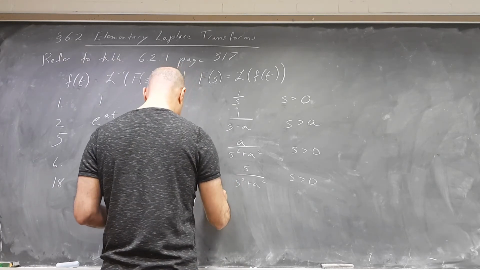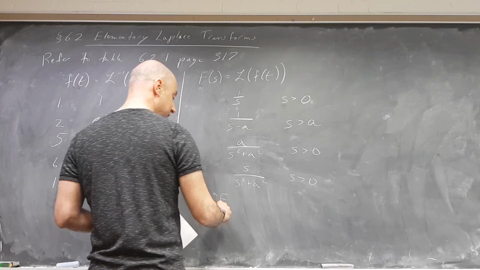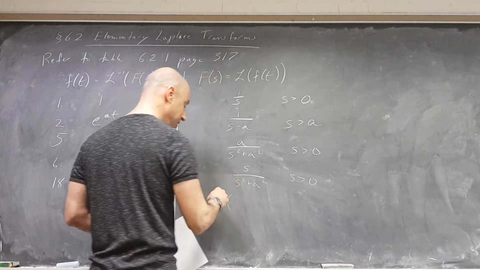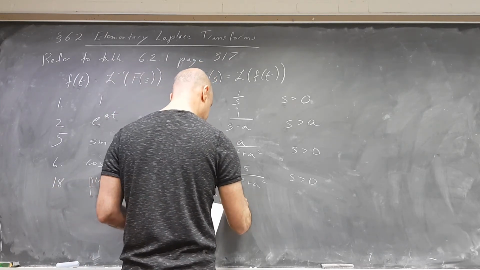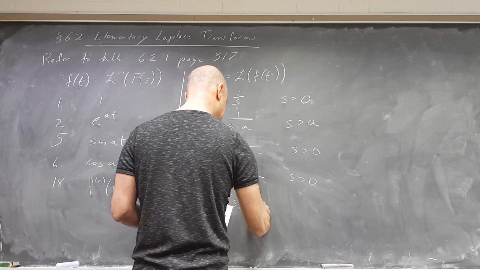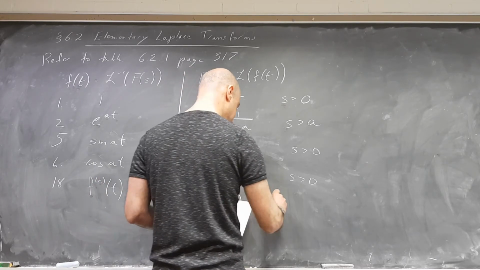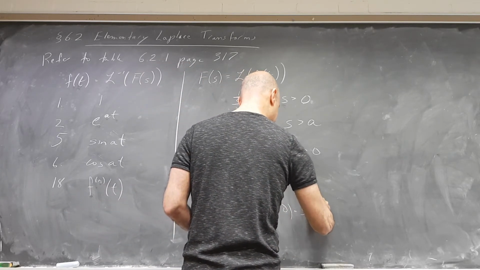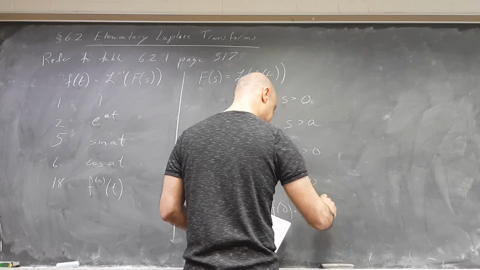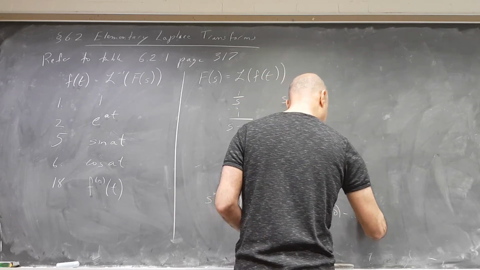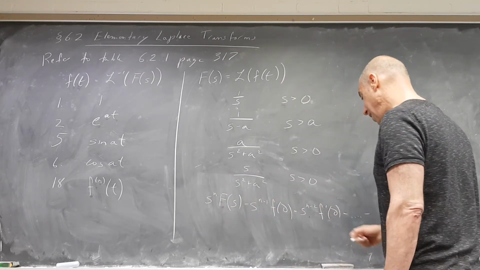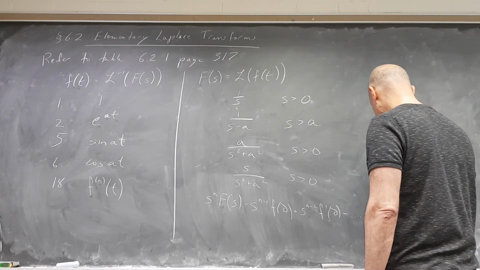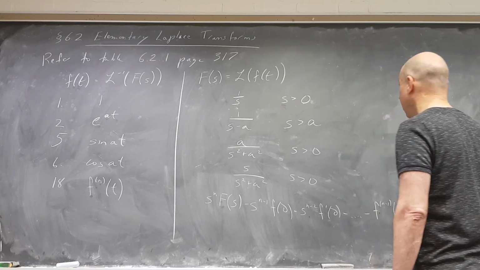It says s to the n times capital F of s, the Laplace transform of f, minus s to the n minus 1 f of 0, minus s to the n minus 2 f prime of 0, all the way up to s to the n minus n, in other words, s to the 0, times the n minus first derivative at 0.